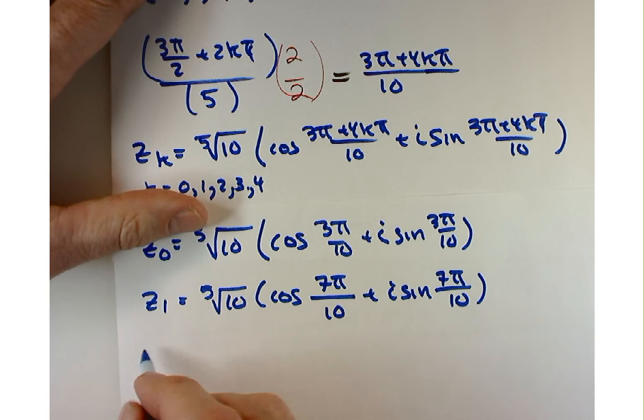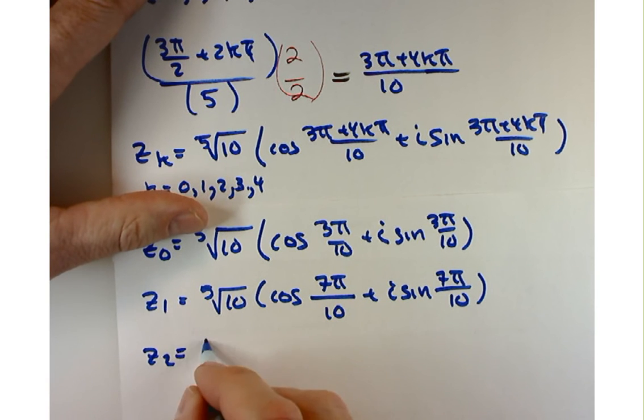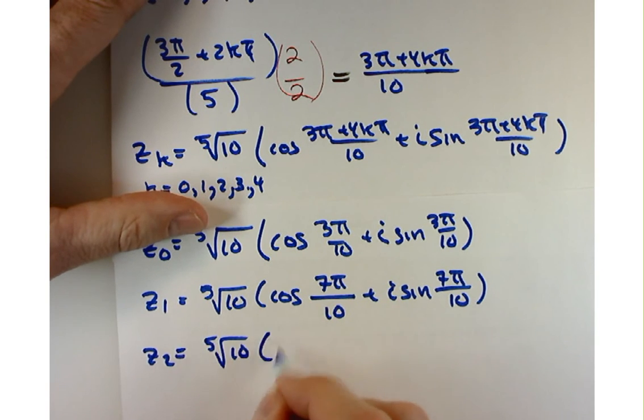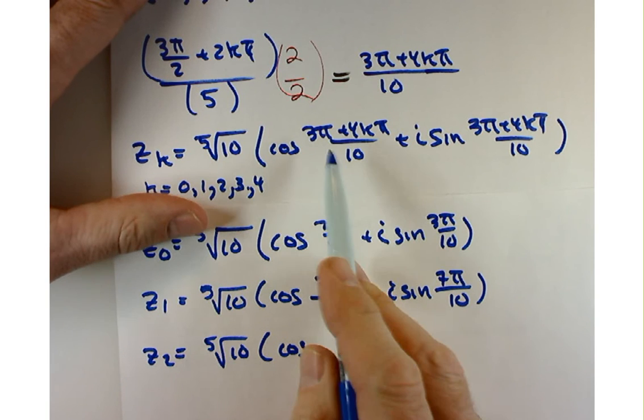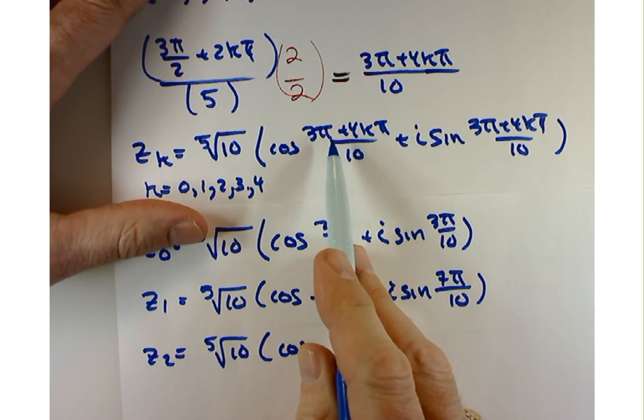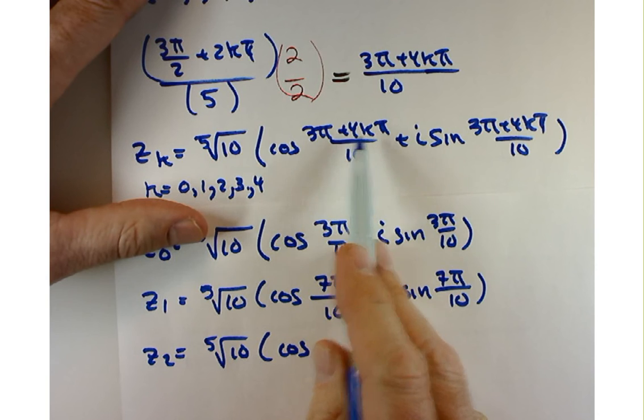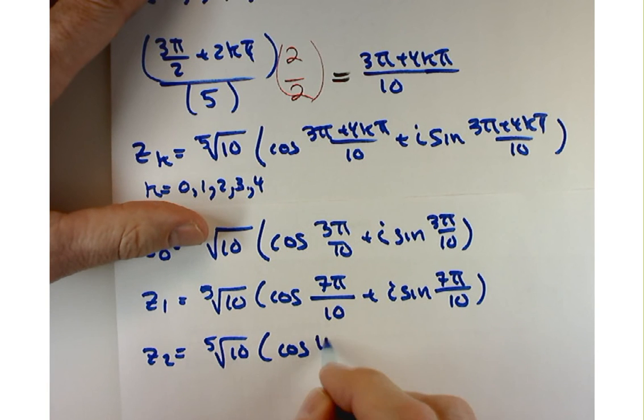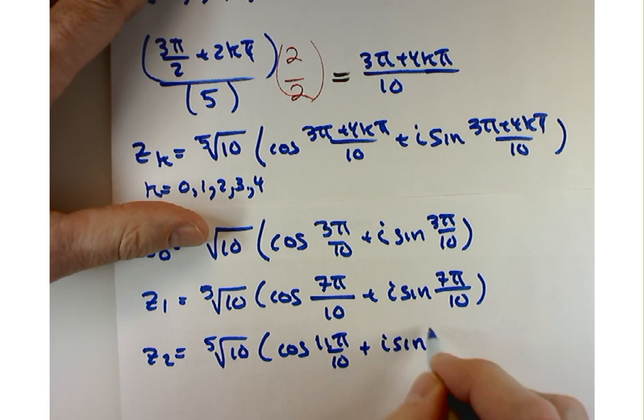And keep going. Z sub 2, 5th root of 10, cosine of, let's see, that'd be 8 plus 3 is 11, pi over 10 plus i times the sine of 11 pi over 10.